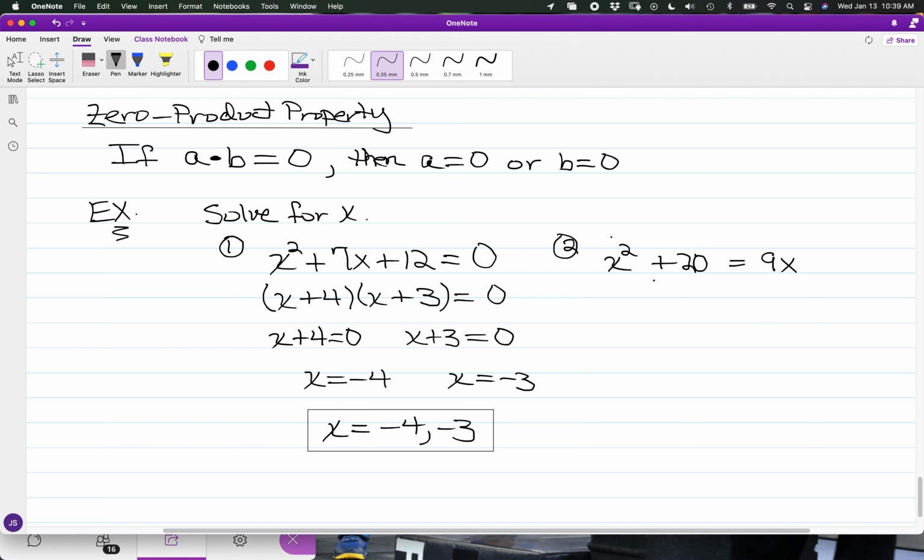Say we have something like x squared plus 20 is equal to 9x. So I don't have this in standard form. To get it in standard form, the terms have to be in descending degree order and also set equal to 0. And I can make amends here. So I have x squared on the left, and I can move the 9x over by subtracting.